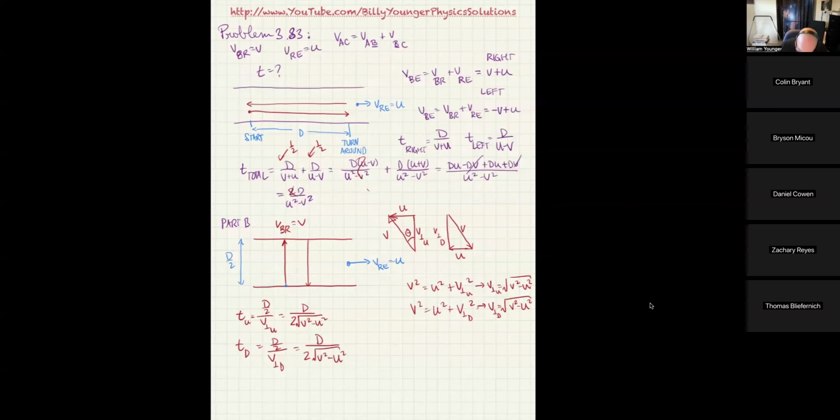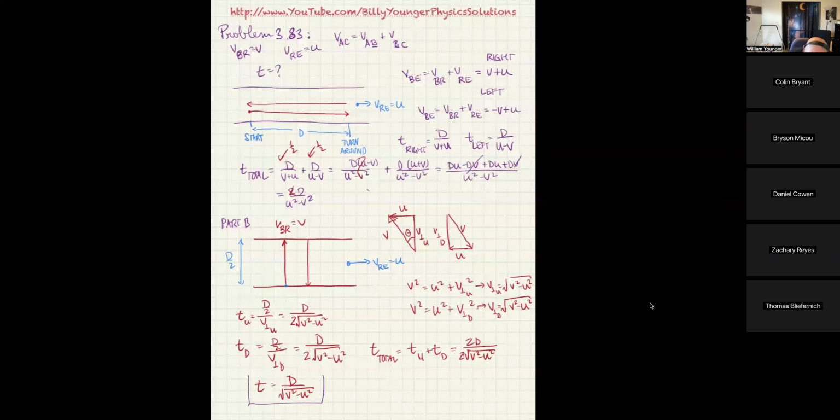Therefore, t total, which equals t up plus t down, with a common denominator, is going to be 2d over the square root of v squared minus u squared, divided by 2. So t in this case is just going to be d over the square root of v squared minus u squared.